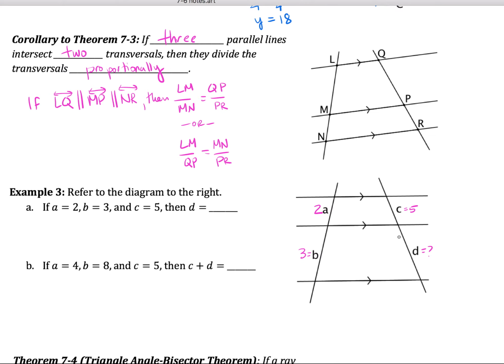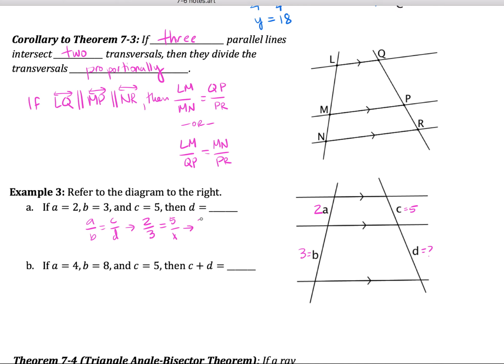Since we do have three parallel lines and two transversals, we know that there is a proportion that we can set up that would look like A over B equaling C over D. So filling in the numbers here, it would be 2 over 3 equals 5 over x.